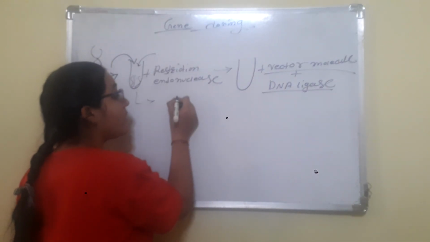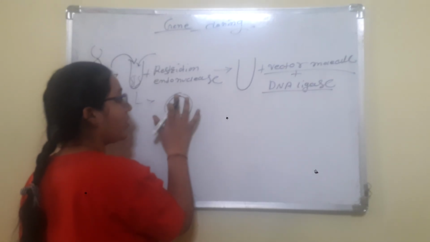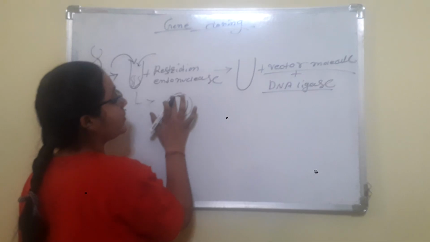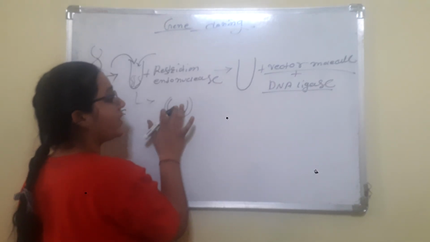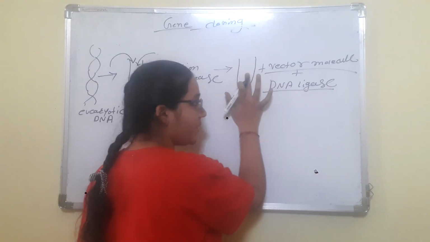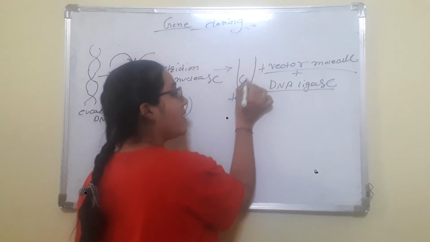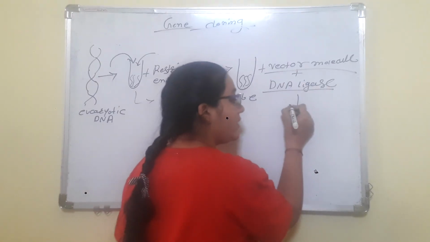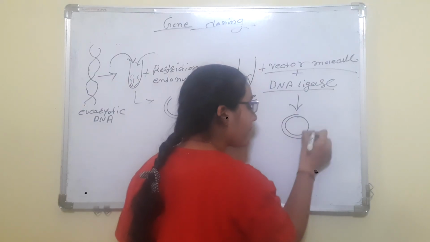For example, this is our vector molecule, and it is specifically cut at these sequences. Okay, then this vector molecule we also add to the second experimental tube with DNA ligase enzyme, and imagine they combine with each other, and we get this recombinant DNA.